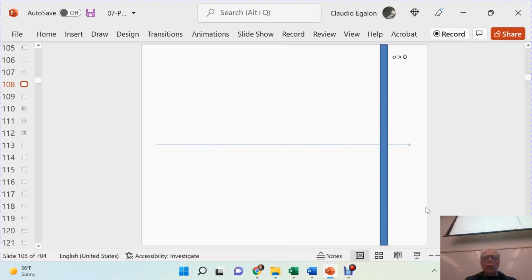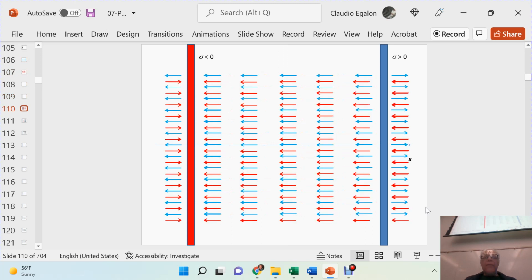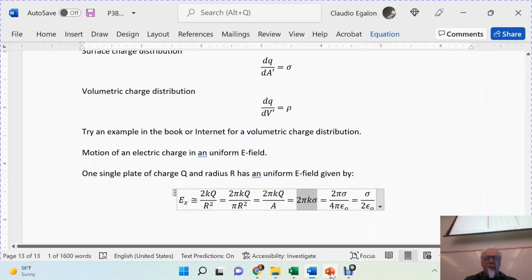Now when we put two plates next to each other, okay, the field inside doubles and the field outside becomes 0. Okay, for two plates, let's write it down.